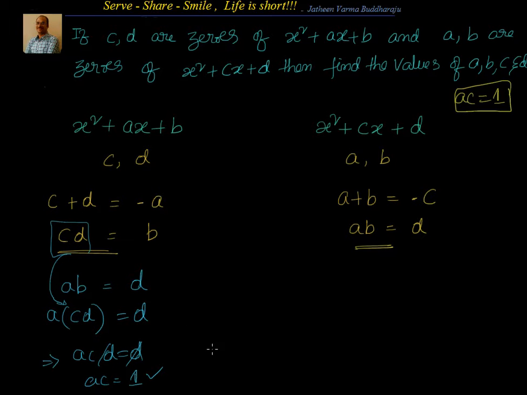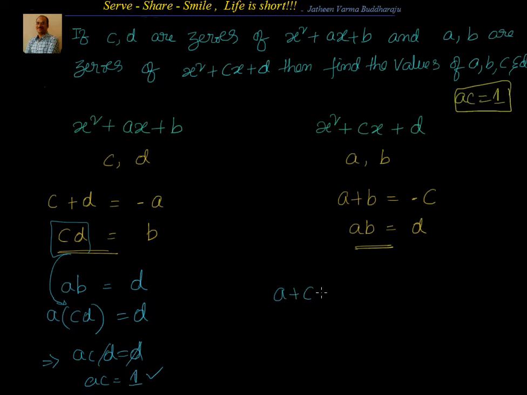Now once we got ac equal to 1, how can we use that? Let's go back to the other equations we have. a plus b equal to minus c, and c plus d equal to minus a. So if you try to equate them, let us see what happens.